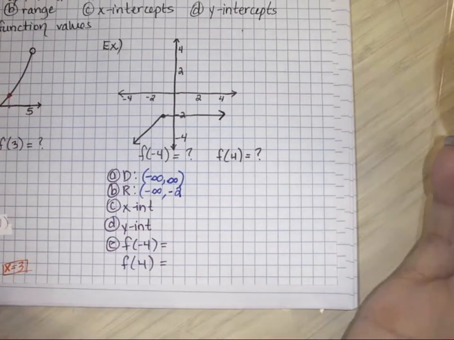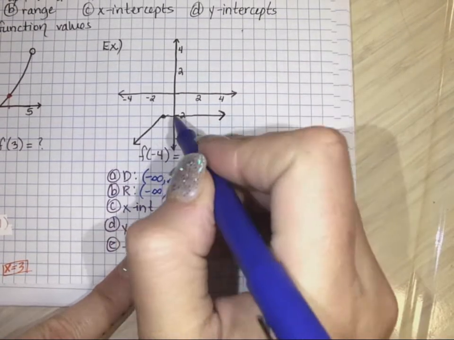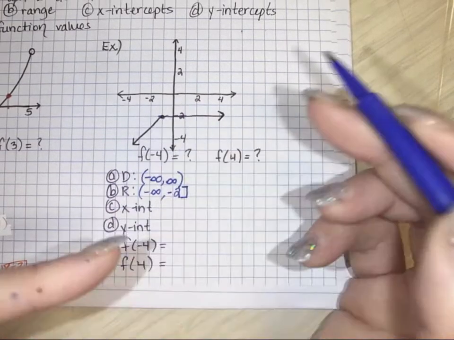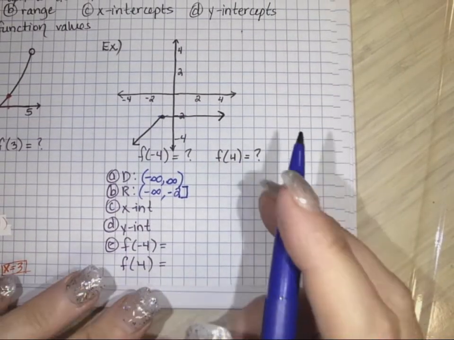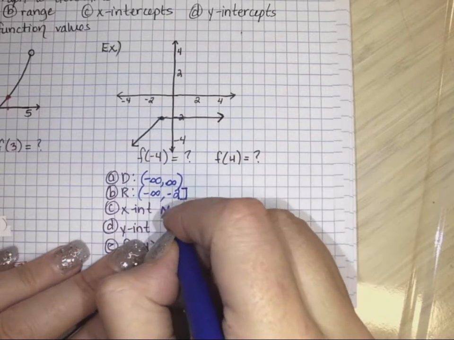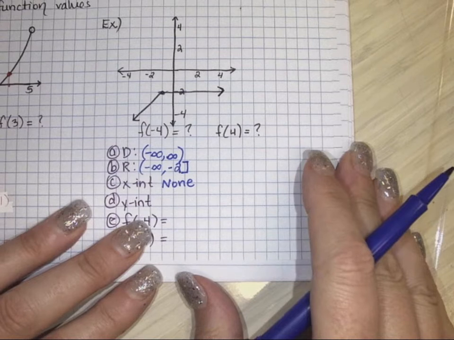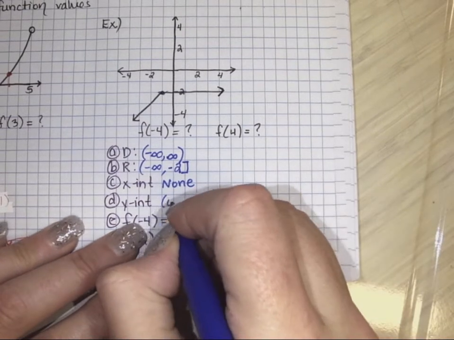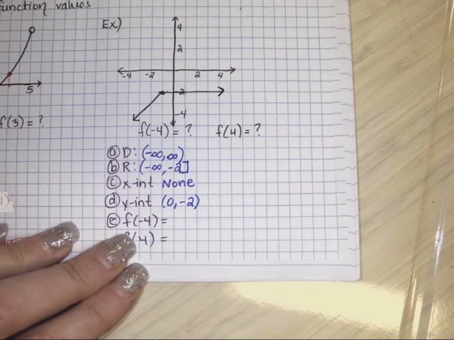But do you use brackets or parentheses? Definitely use brackets here because, of course, you're laying right on 2. It is touching at -2. X-intercepts, there are none. Notice that your graph does not cross the x-axis anywhere. Y-intercept is -2. And we write it as an ordered pair with x is 0.